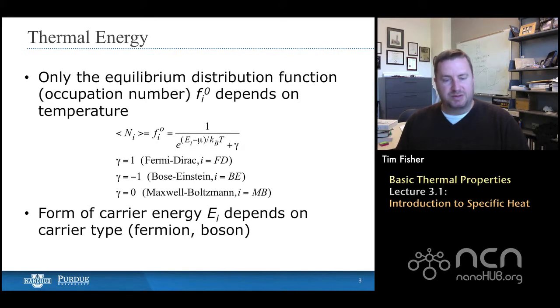And lastly, Maxwell-Boltzmann statistics, which is sort of a limiting semi-classical form that often is used for the analysis of gases. So again, this is the important function. We're going to take its derivative with respect to energy and with respect to temperature, and so this is the thing we'll have to manipulate quite a bit mathematically as we go forward.